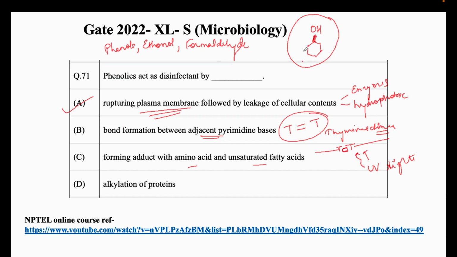It won't be able to form any adduct with the amino acid or alkylate the protein. It doesn't have any alkyl groups to alkylate, and adduct formation is also not possible. So the correct answer is A, rupturing plasma membrane followed by leakage of the cellular content.